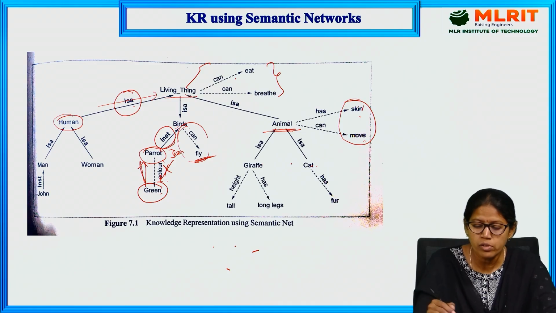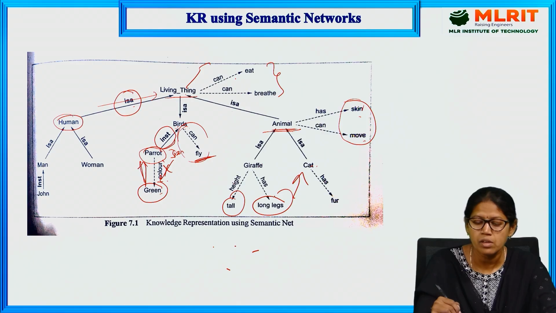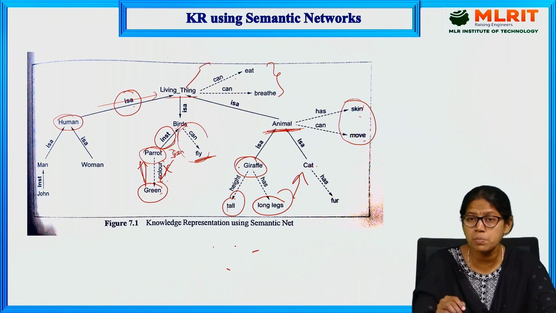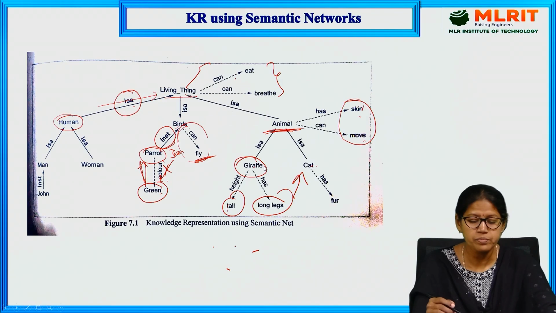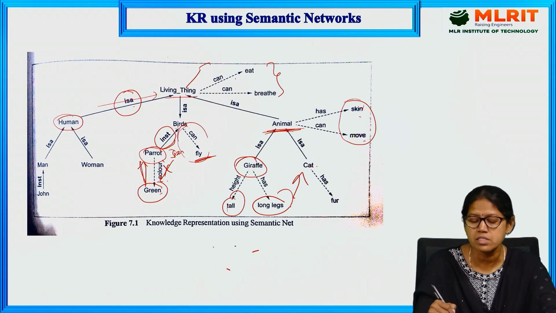So we can't write tall and long legs to cat, and we can't write these two onto the top animal, because they are specific to giraffe. Giraffe has height tall and has long legs, and cat has fur.